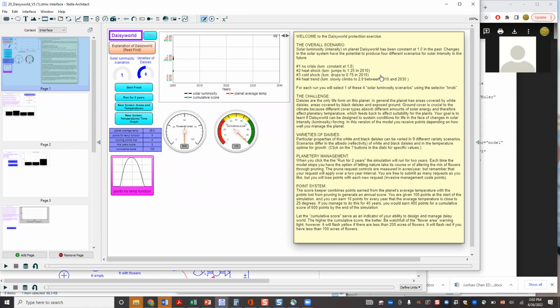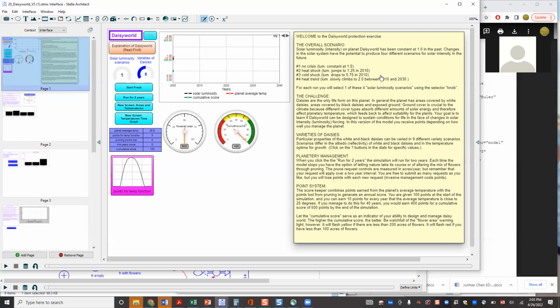When you're thinking about developing your modeling projects in this class, you definitely want to be thinking about an audience for your model. Who's this model for? For many models, you might want to conceive of an audience that doesn't know anything about Stella, and it's not important that they do.